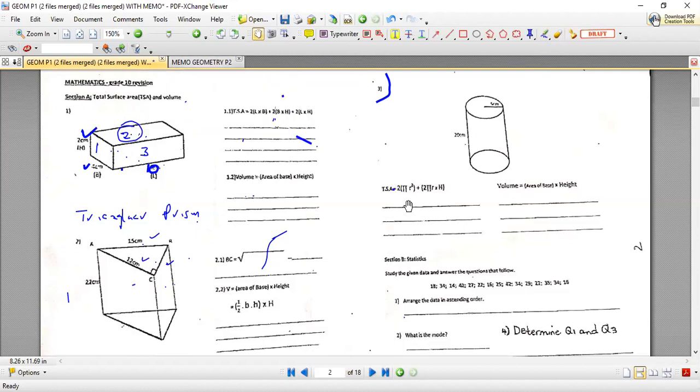If we substitute into the formula, we know that 2 times pi, now pi is given as 3,142 times r squared, which is 5 squared. That completes the first bracket, plus 2 times pi, 3,142 times r, which is 5 times h, which is 20.